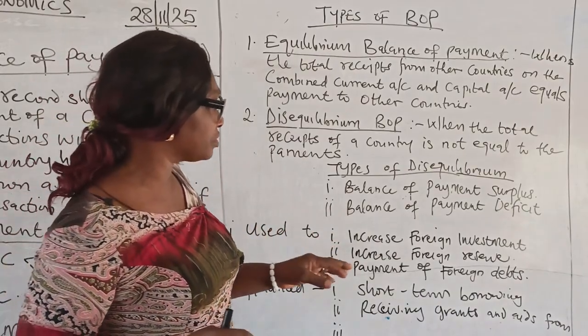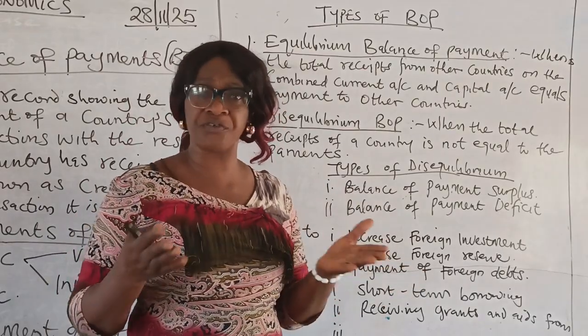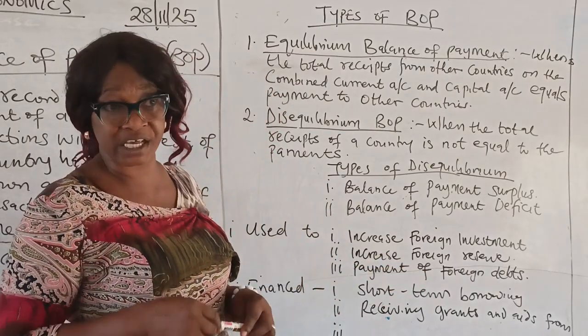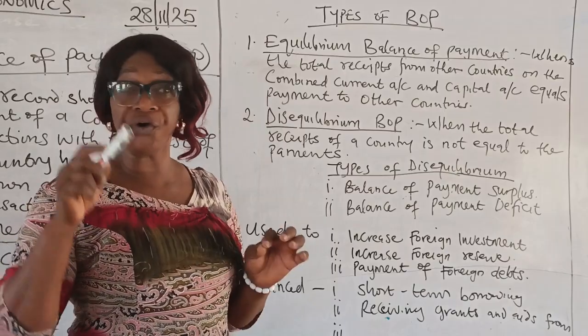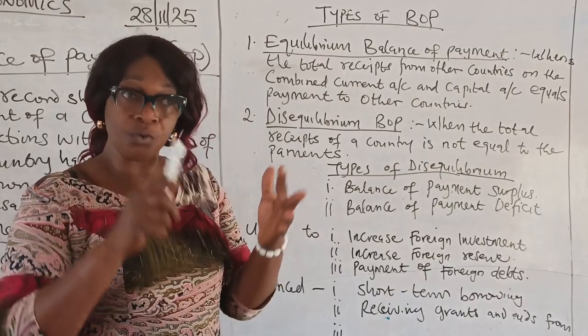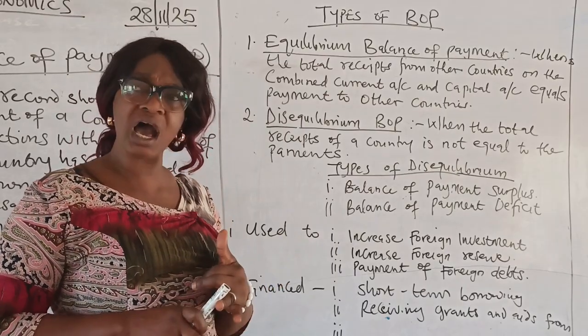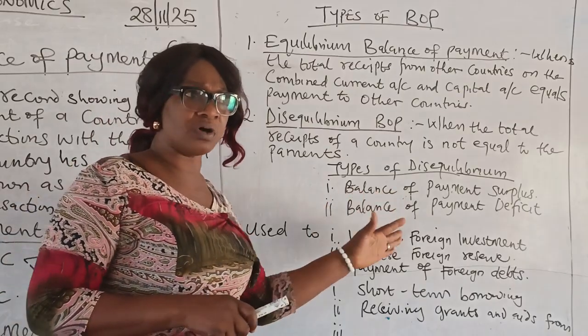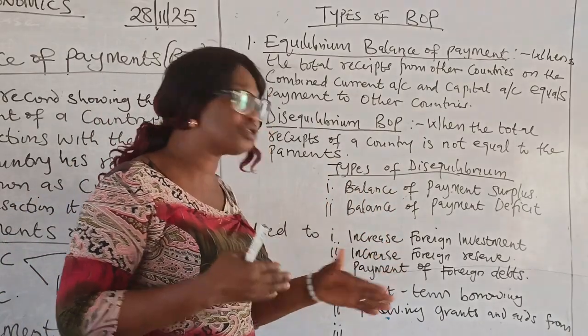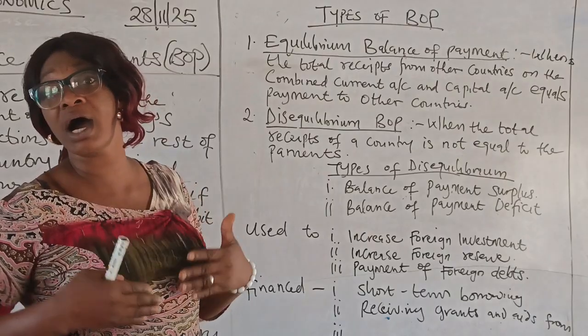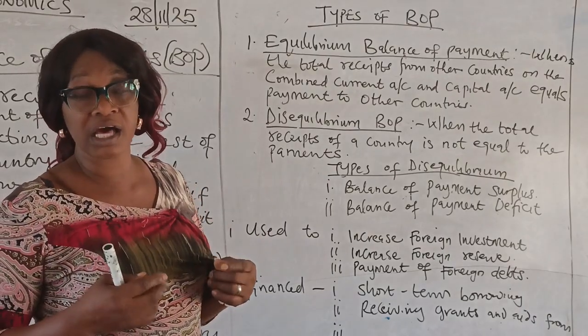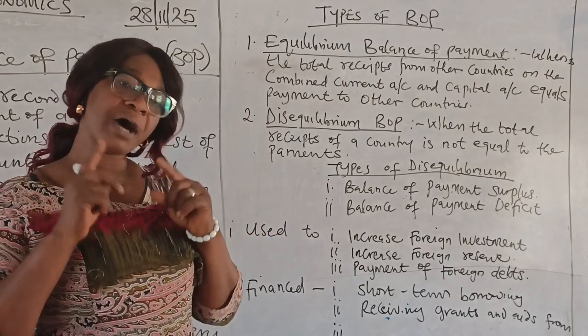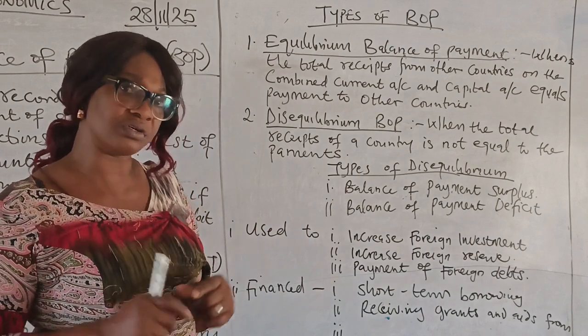Number 3 now, payment of our debt. Of course, all of us, we know that we are indebted. Nigeria is owing IMF, World Bank. So when we have balance of payment surplus, the government will now use this money to pay off our debt. That is how to use balance of payment surplus.